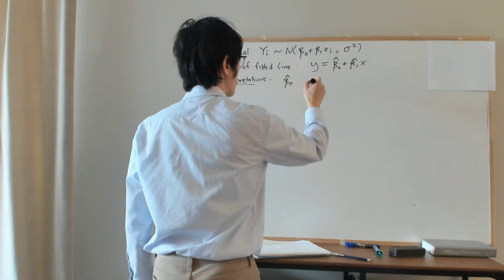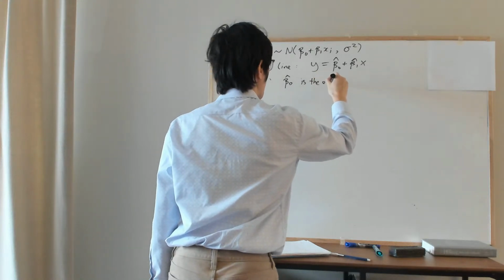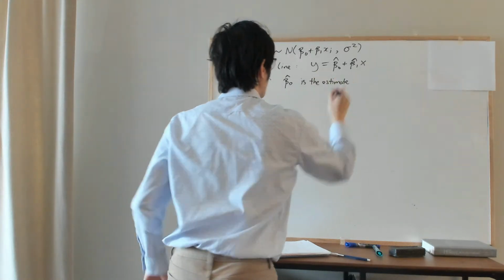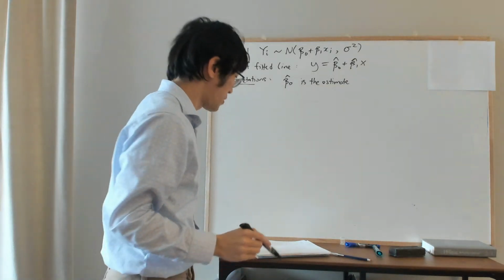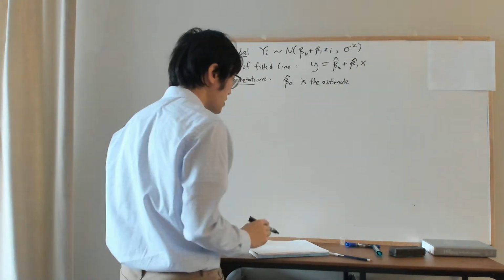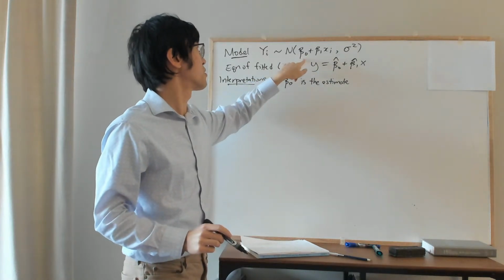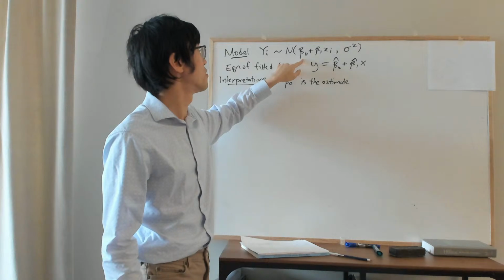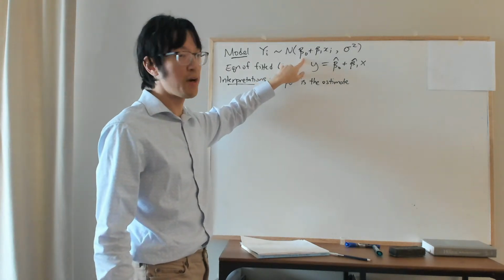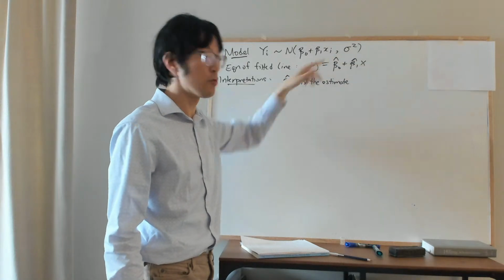Okay, so we can write it like this. It's the estimate of what? Beta 0. If you look at the mean part of this normal distribution, beta 0 is the expected value of y when x is 0.